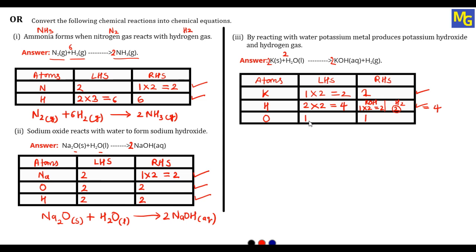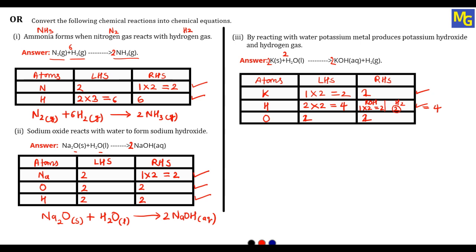So this is also 2. Even on RHS side it became 2, so here also it is 2. So this is a trial and error method for balancing this third reaction. I hope you understood. It is easy, just you have to practice. If you practice some of the reactions, then you will feel easy to balance the reactions.